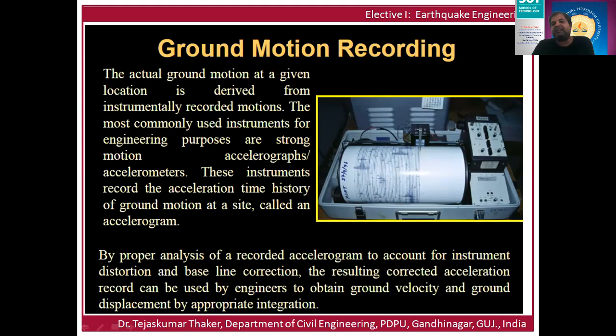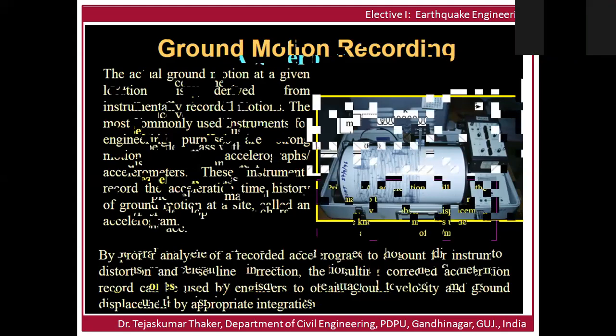By proper analysis of the recorded accelerogram to account for instrument distortions and baseline corrections, the resulting corrected acceleration record can be used by engineers to obtain ground velocity and ground displacement by appropriate integrations. So once you know the acceleration, you can convert it into velocity or displacement by means of integration or differentiation.